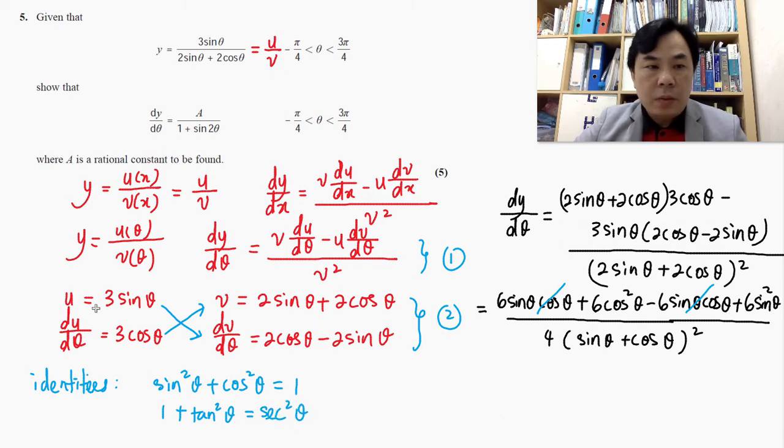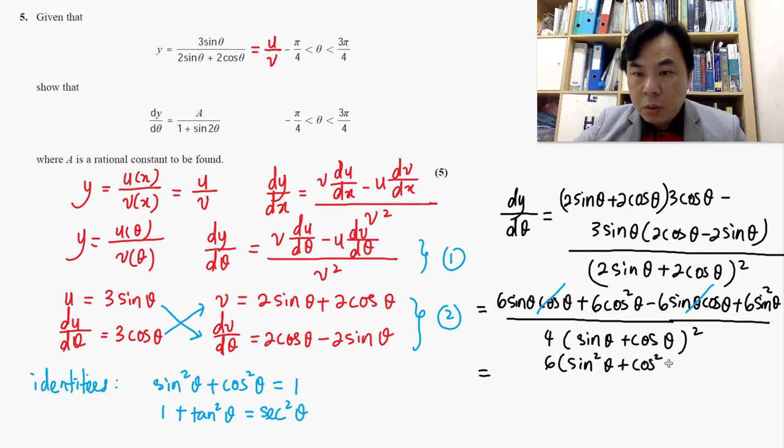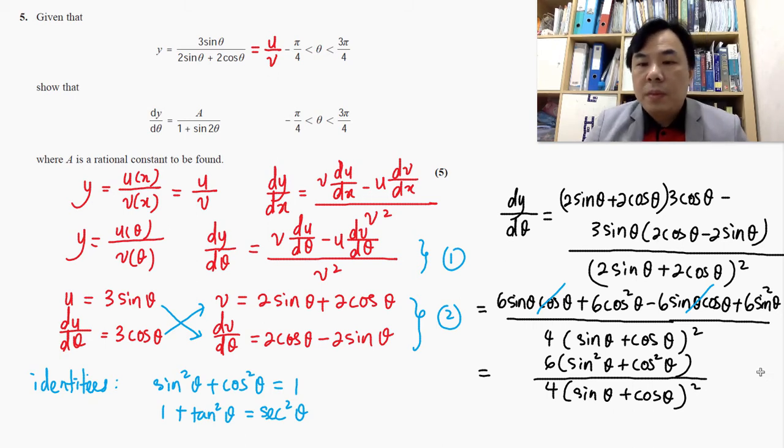So from here, I notice that I can actually apply identity number 1. So from here, I will get 6 times sine square plus cos square over 4 times sine theta plus cos theta, squared. Alright, so there you have it.